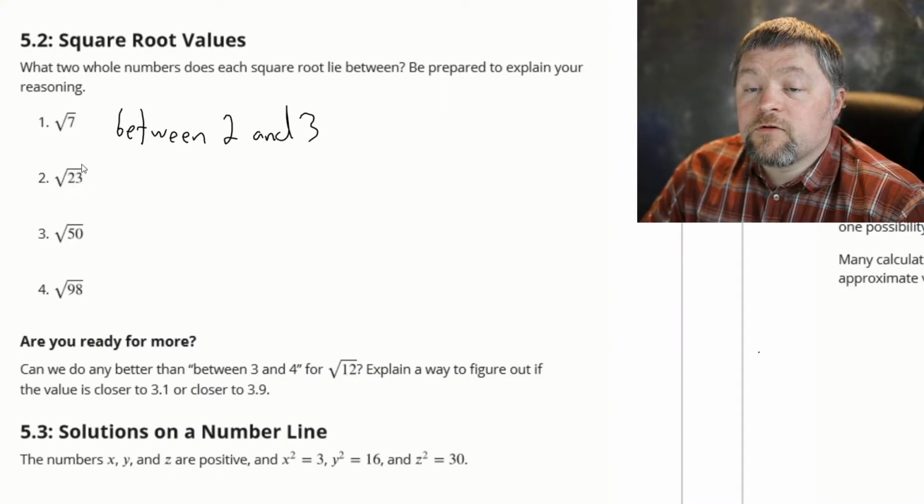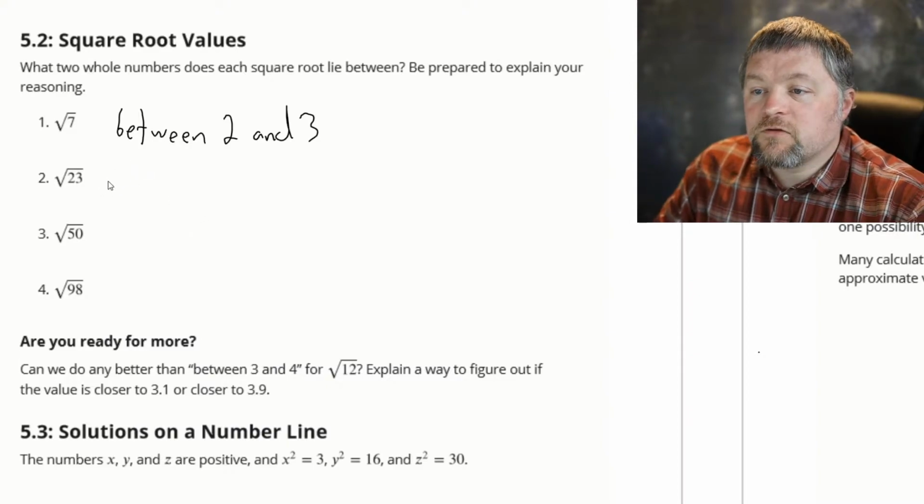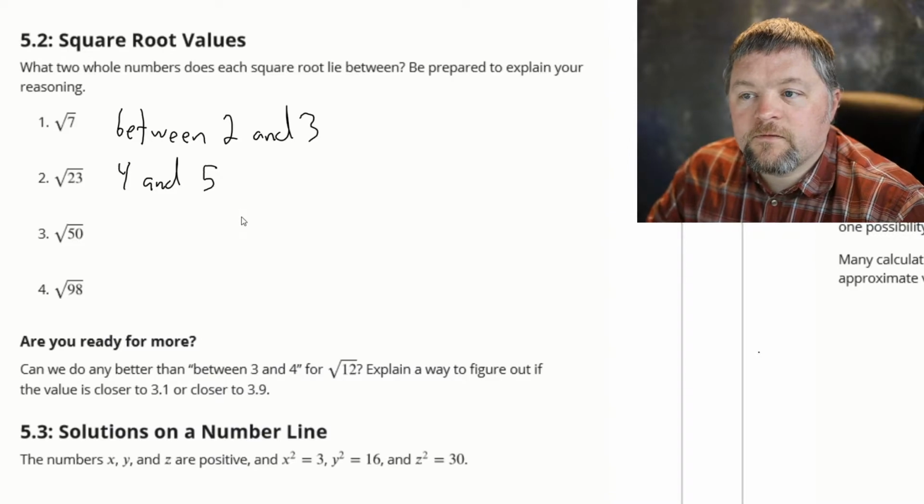The square root of 16 is 4. The square root of 25 is 5. So this one has to be between 4 and 5.